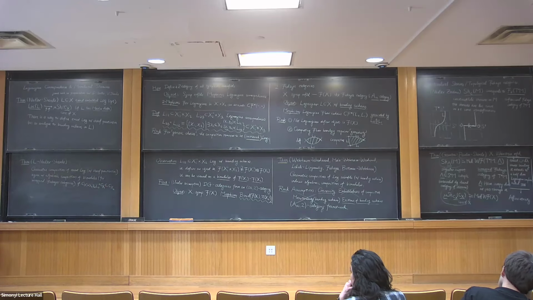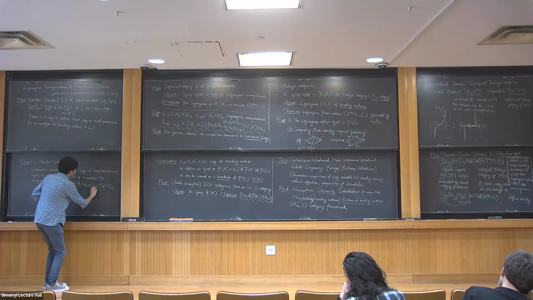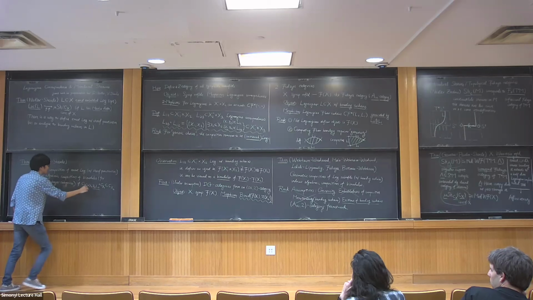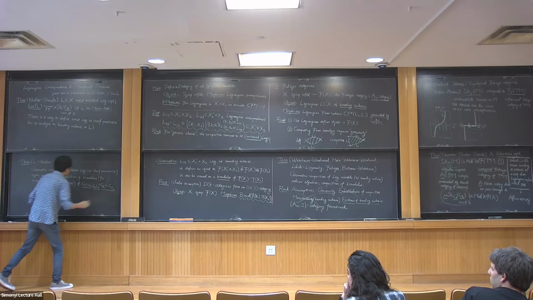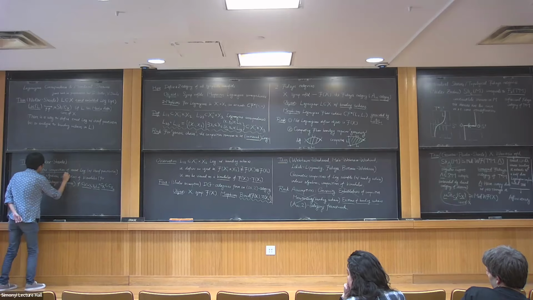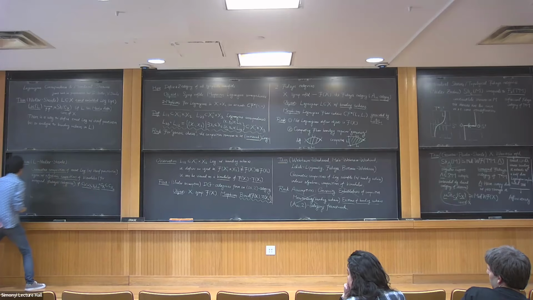In other words, the composition of the core together with the cylindrical end is contained in the core. And if this condition is satisfied, then that geometric composition is indeed the same as the algebraic composition.